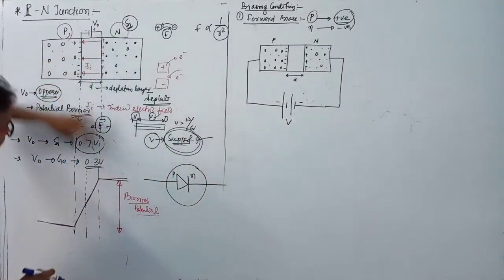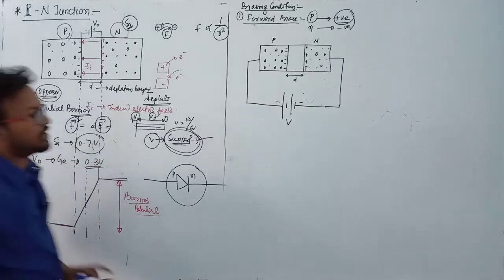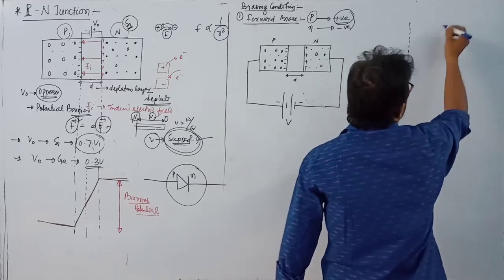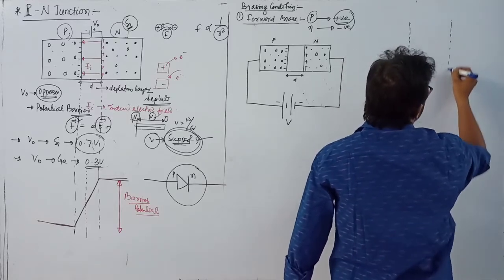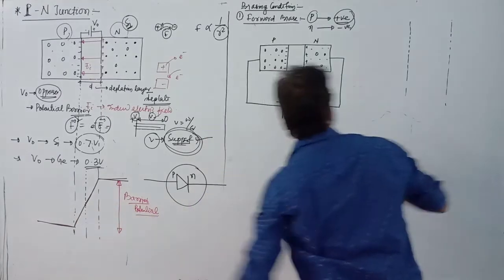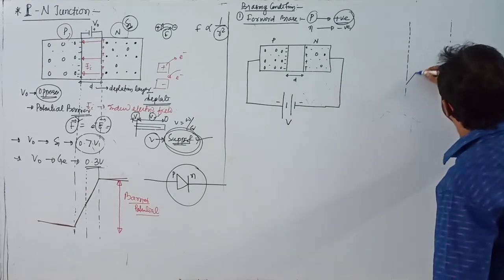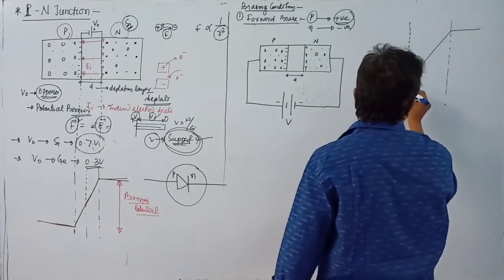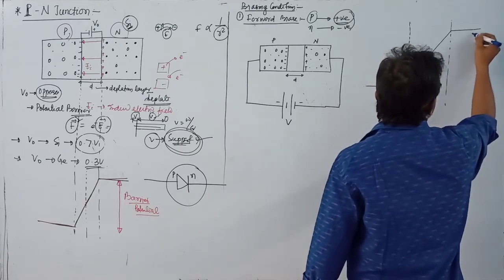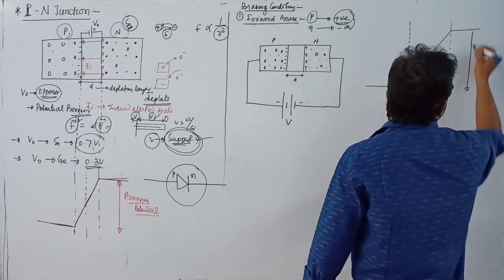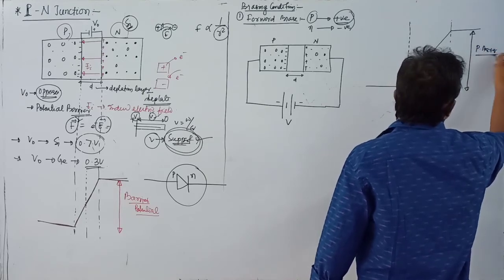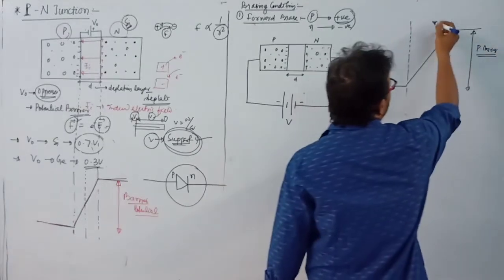You can say potential barrier like this diagram. So this diagram I am again drawing here. Suppose this is the potential barrier. This potential barrier. So here this is the potential barrier. This is the potential, or you can say barrier potential.